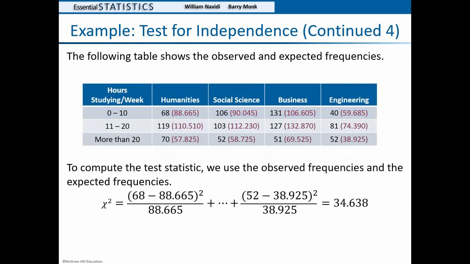Those would be the expected frequencies, and then I'd have to add up the differences. Here is the expected, here was the observed, and you take observed minus expected squared over the expected and add them up from each one of these categories. Each one of these little things right here is called a contribution.